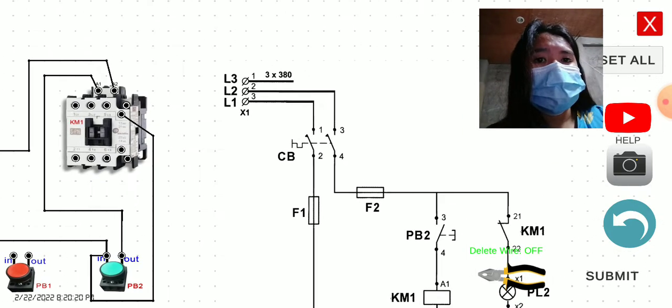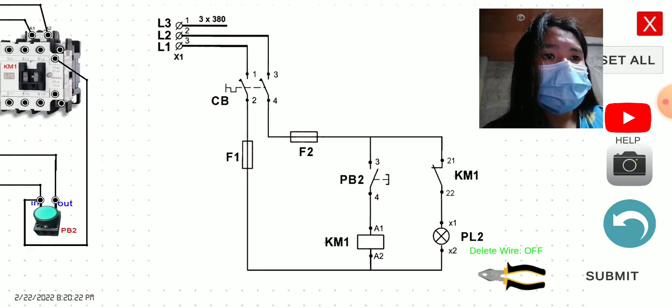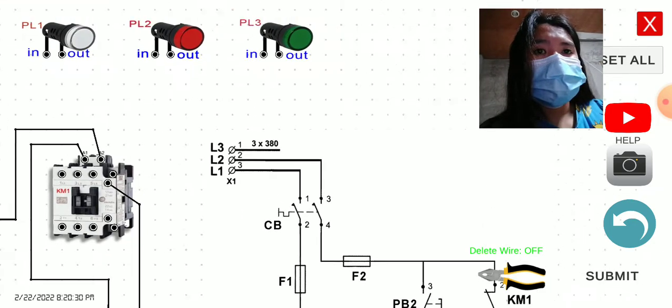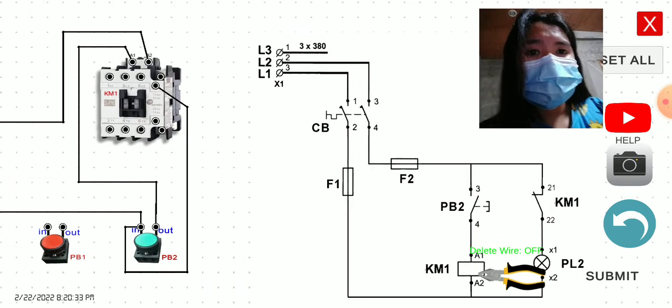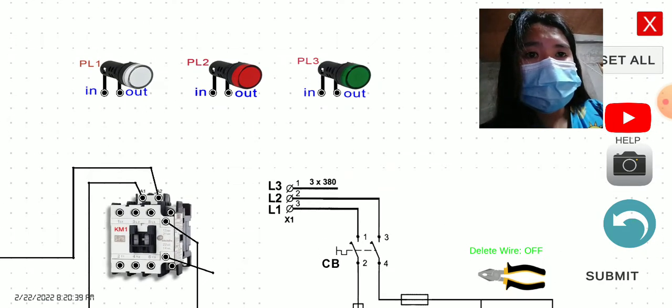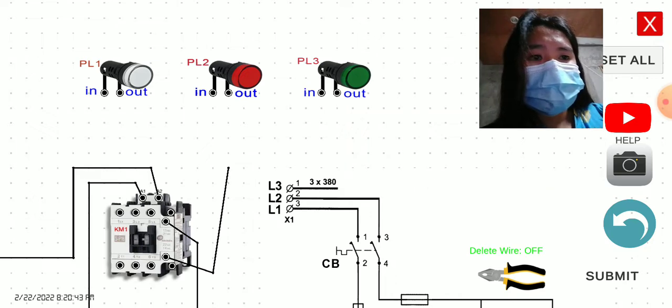And after that, we will connect our 22 normally closed contact to the input of our PL2. So here, this is the 22 button, and we will connect it into the input of our PL2.